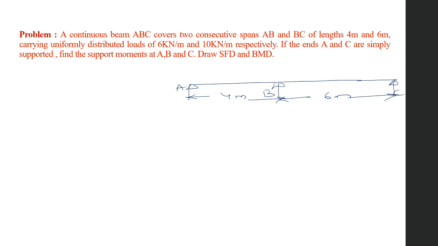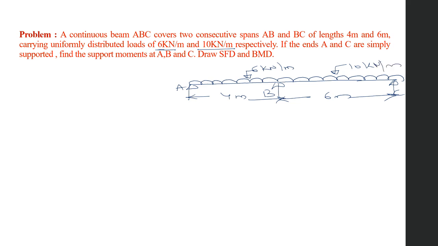On AB and BC, the load is a uniformly distributed load. On AB, the load is given as 6 kN per meter, and on BC 10 kN per meter.